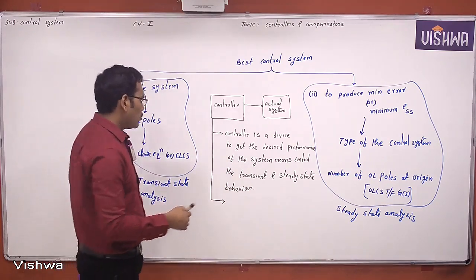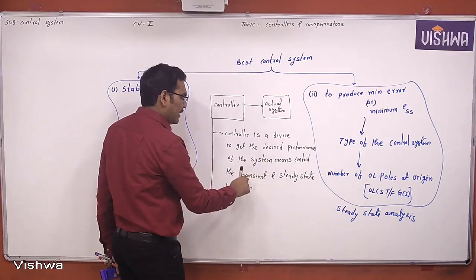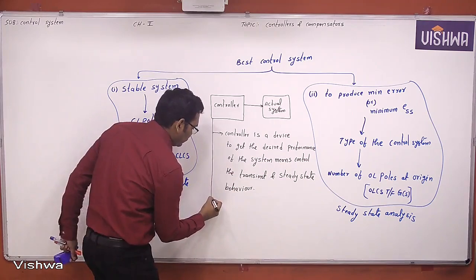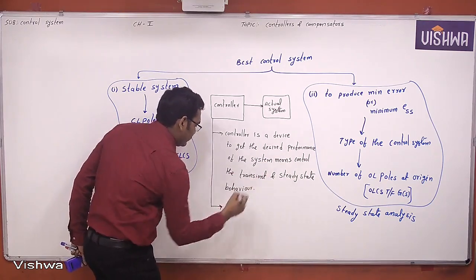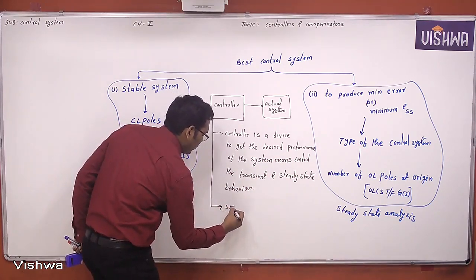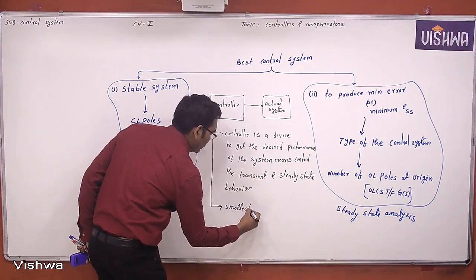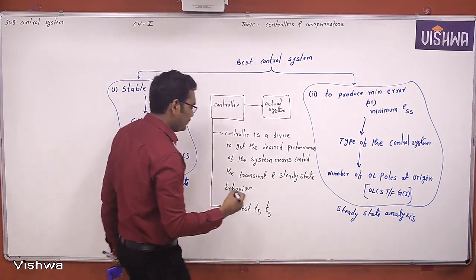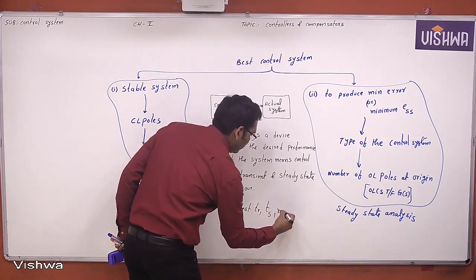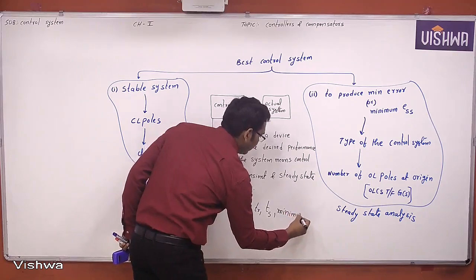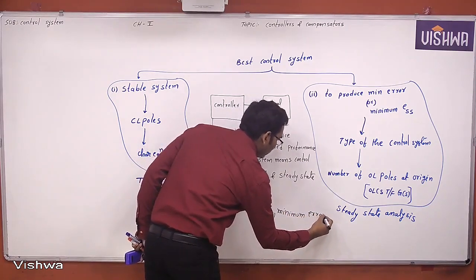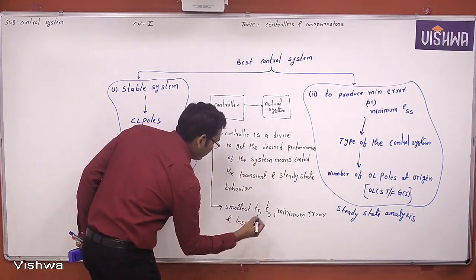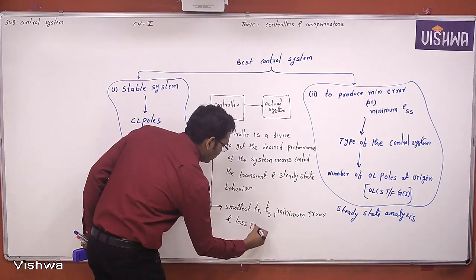And if you use this controller to get the best transient and steady state behavior, then you can get the smallest rise time, smallest settling time, minimum error and less peak overshoot.